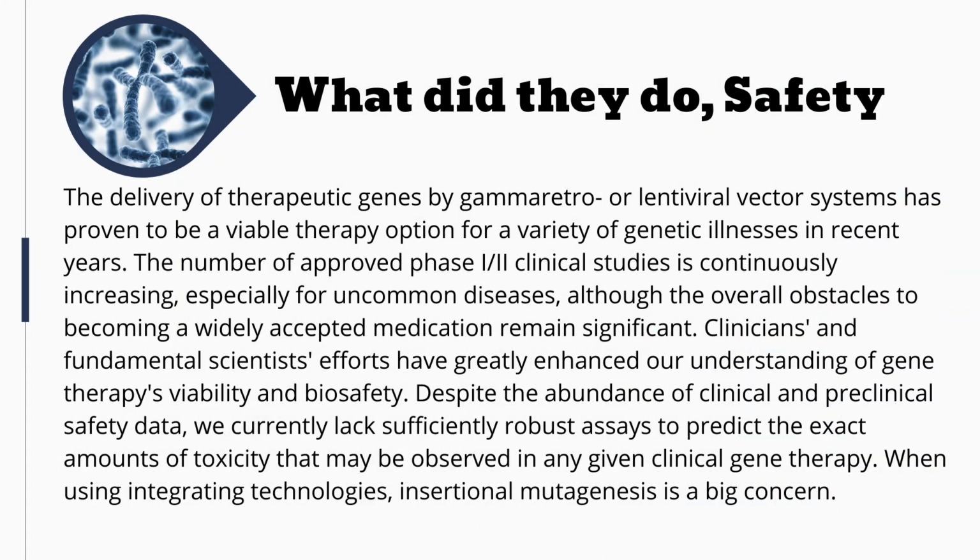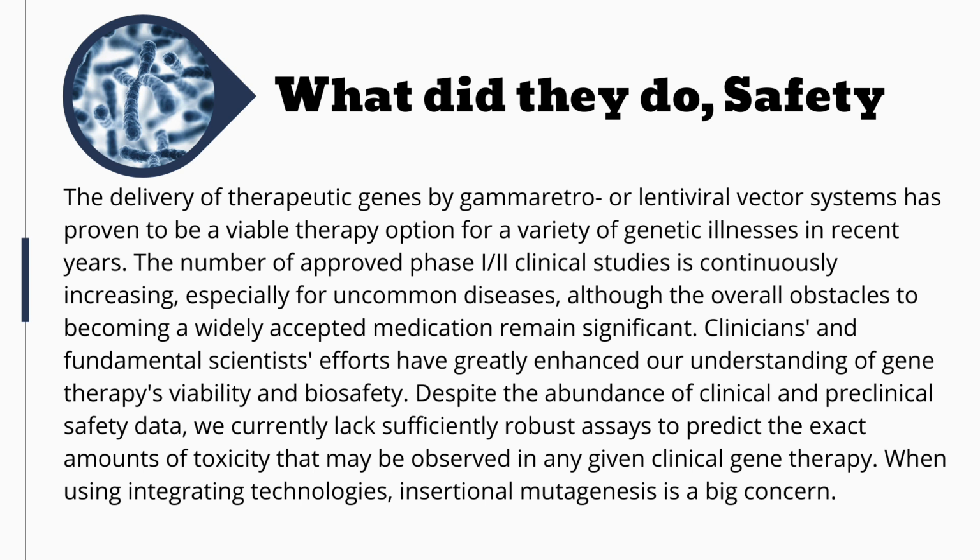What did they do safely? The delivery of therapeutic genes by gamma-retroviral or lentiviral vector systems has proven to be a viable therapy option for a variety of genetic illnesses. In recent years, the number of approved phase 1 and 2 clinical studies has continuously increased, especially for uncommon diseases.